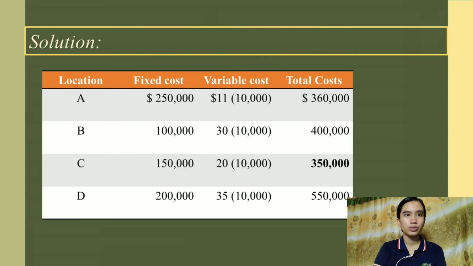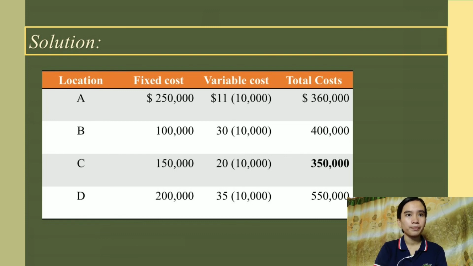So here is the solution wherein we add the fixed cost and the variable cost to come up with the total cost. For location A, we add the $250,000 with a product of $11 and 10,000, which is $110,000, to come up with $360,000. Location B, $100,000 plus $30 times 10,000, which is 300,000, equivalent to 400,000.